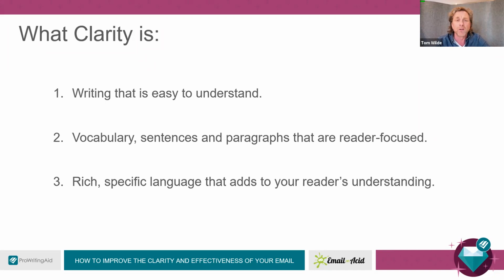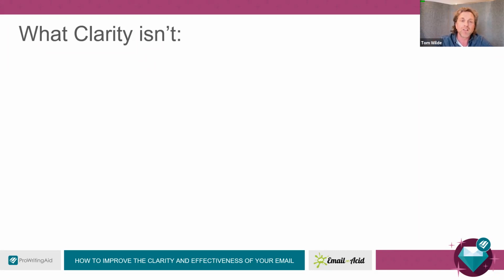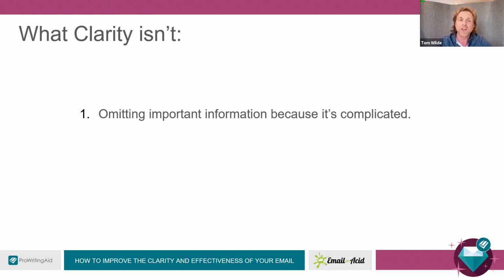Now, we know that, but what I want to overcome is the myths of what clarity isn't. Clarity isn't omitting important information because it's complicated. Just because information is complex doesn't mean you should leave it out to make your email clear.